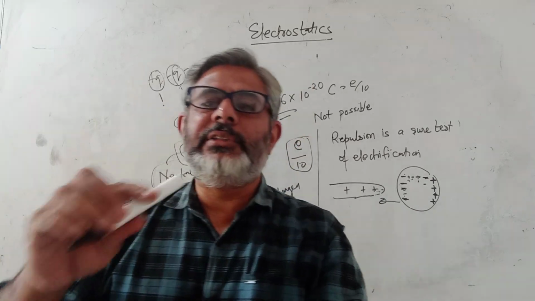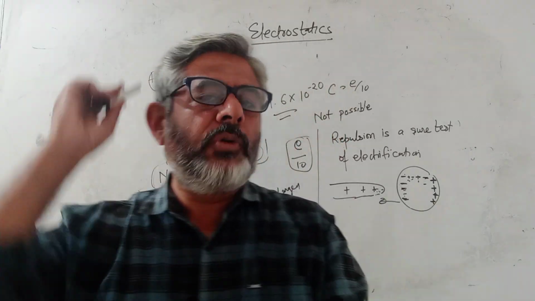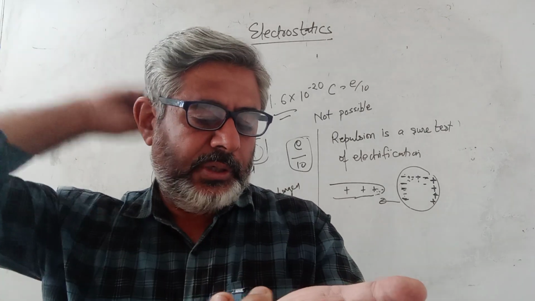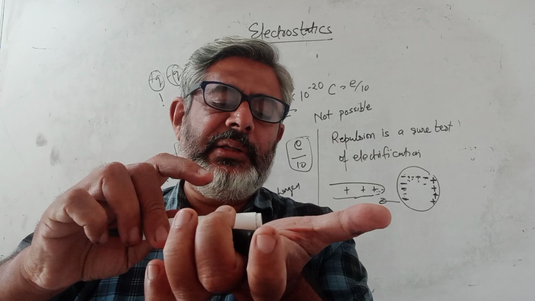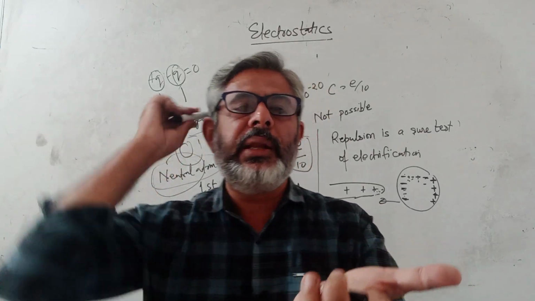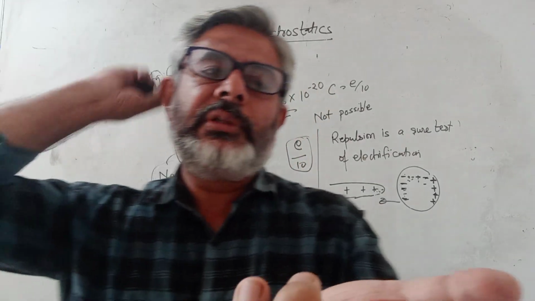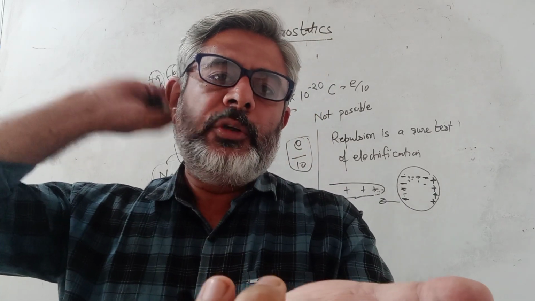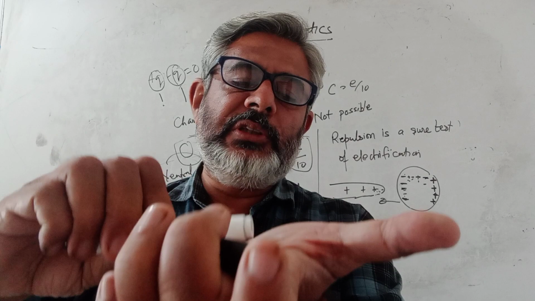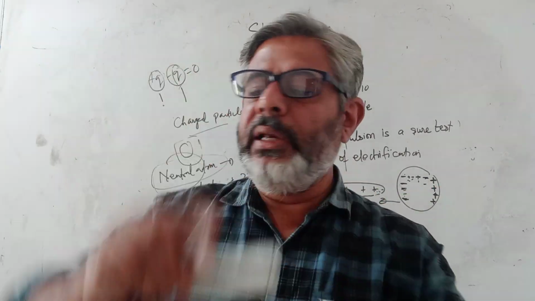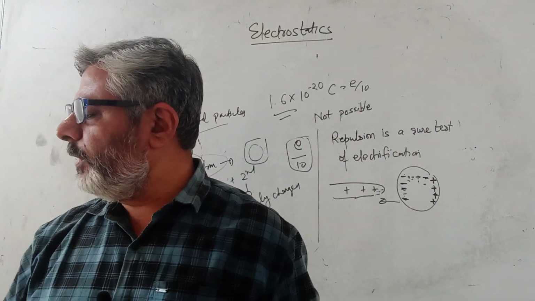So just try this experiment: rub a plastic comb continuously into your hair, and bring it near to the pieces of paper. Particularly if you are standing with rubber slippers on, then when you bring it nearer to the pieces of paper, you will find that the piece of paper is attracted, it just lifts up. With a scale it happens very easily.